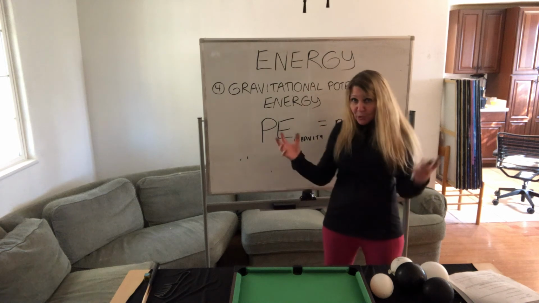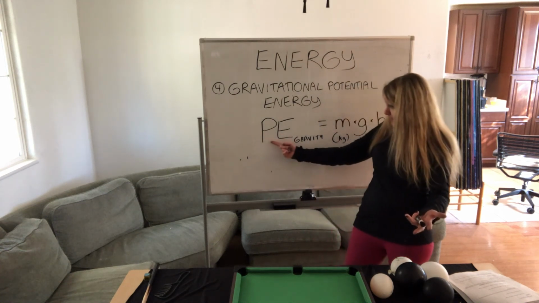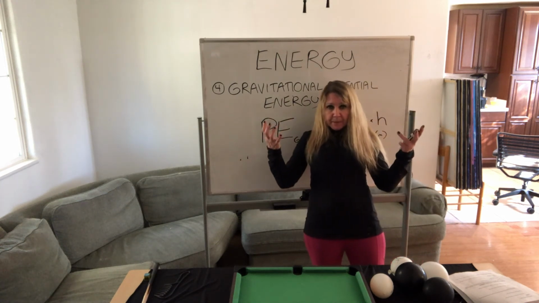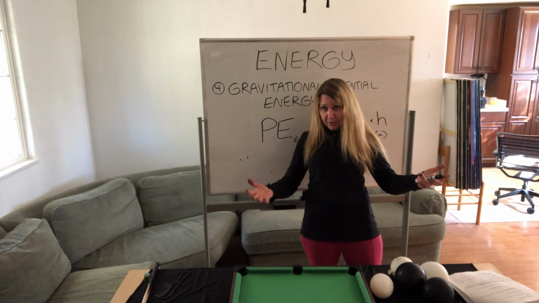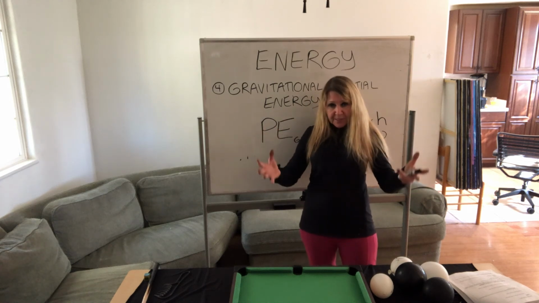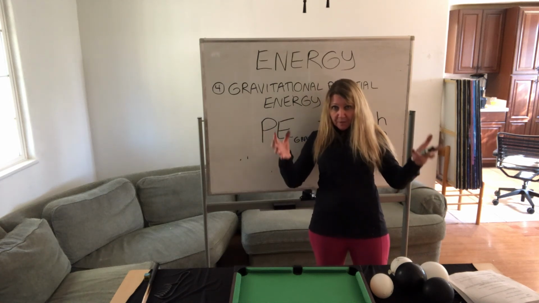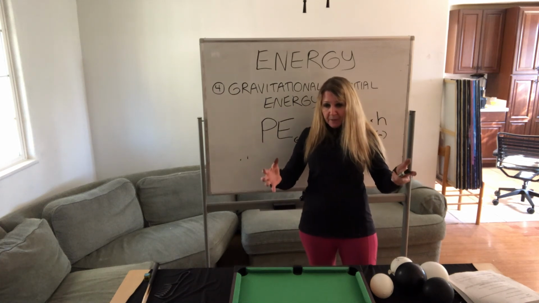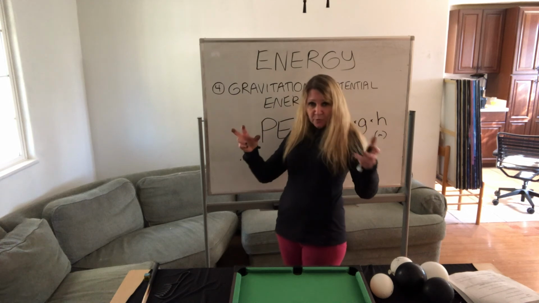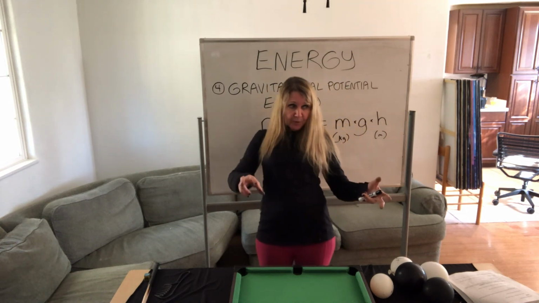So gravitational potential energy depends on the mass and the height. The more mass, the more potential energy, and the more height, the more potential energy. Gravitational potential energy is a form of potential energy, so it's energy that is due to the position of the object, or the height.